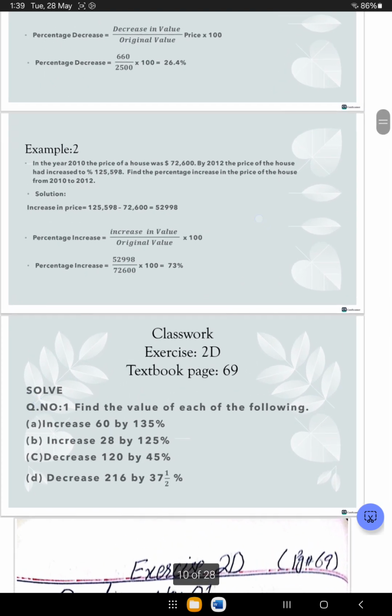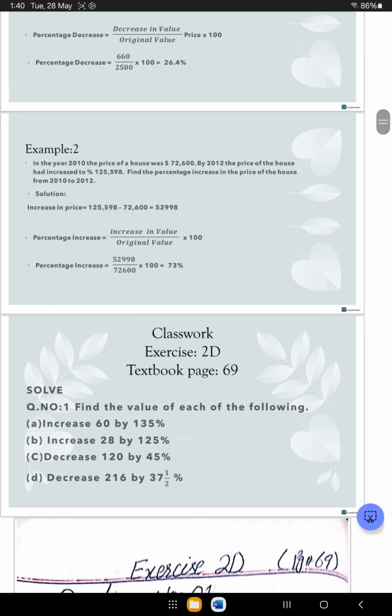Another example, number 2. In the year 2010, the price of the house was $72,600. By 2012, the price of the house had increased to $125,598. Find the percent increase of the price of the house from 2010 to 2012.